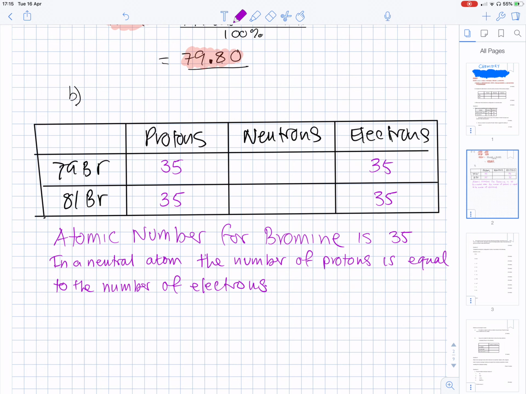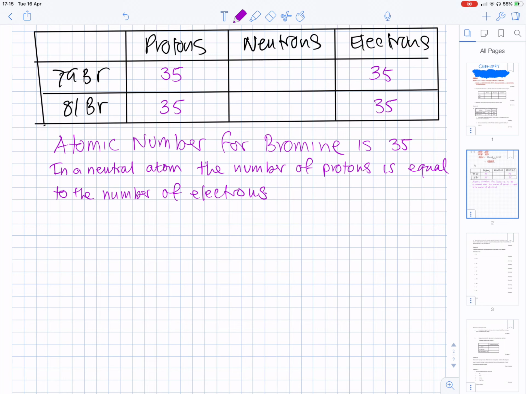Okay, so to calculate the number of neutrons, we know that in an atom, inside the nucleus, we have protons and neutrons. So P is protons, and N is the neutrons.